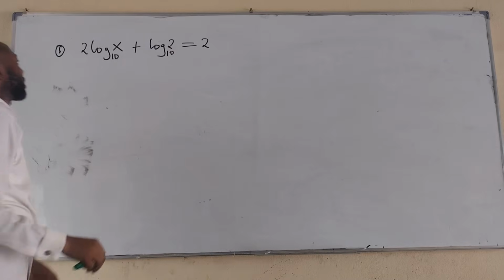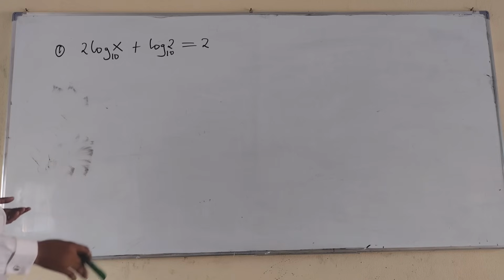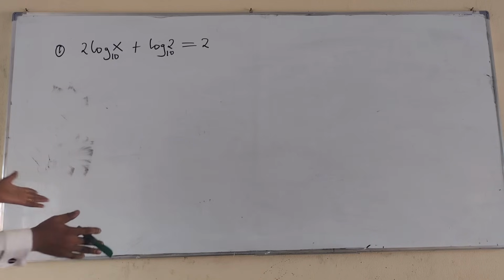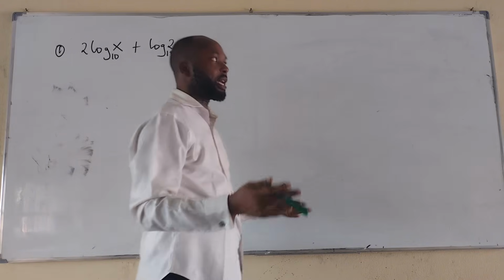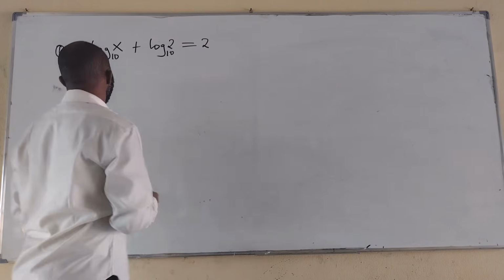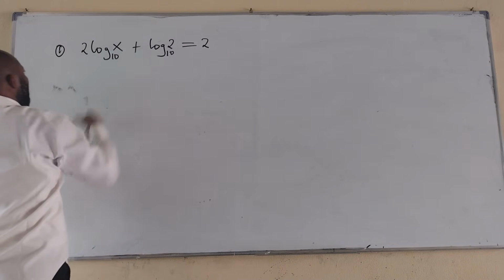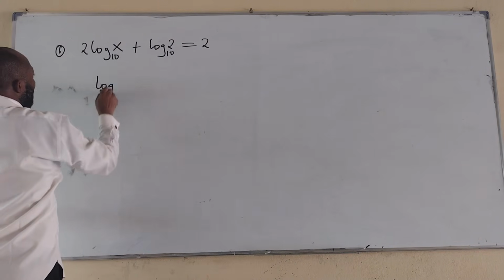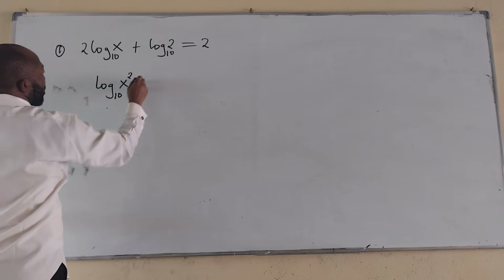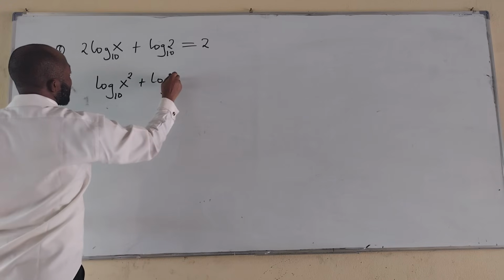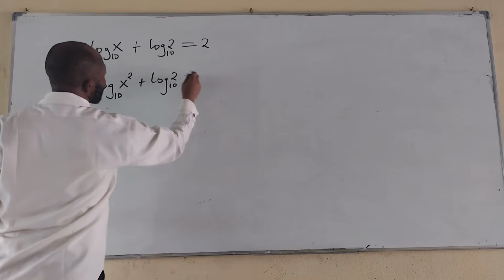Okay, if this is what it is, we're evaluating. So we still have to apply our laws, in one way or the other. Here, the power law gives us log x in base 10 raised to the power 2 plus log 2 in base 10 is equal to 2.